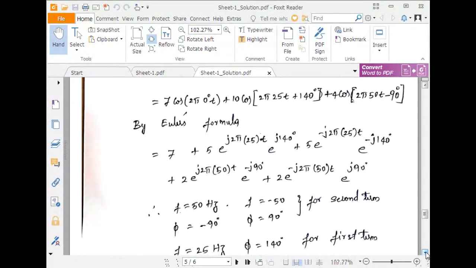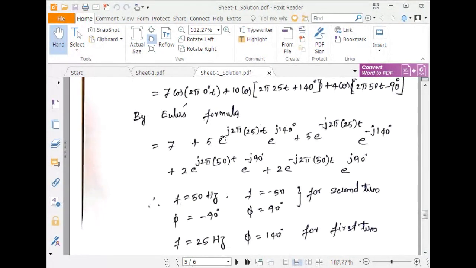By Euler's formula, 7 is as it is, and this 10 becomes 10 divided by 2, that's why 10 becomes 5.